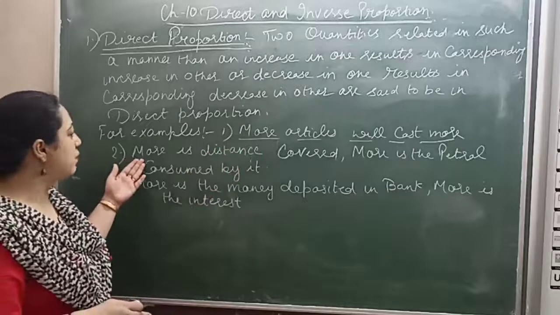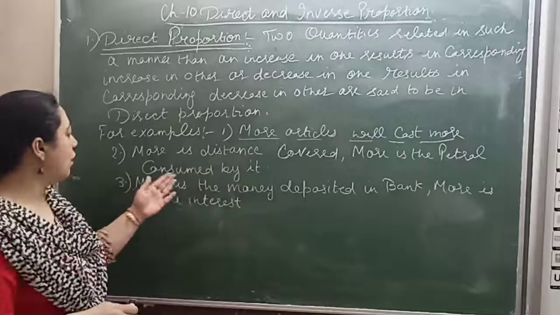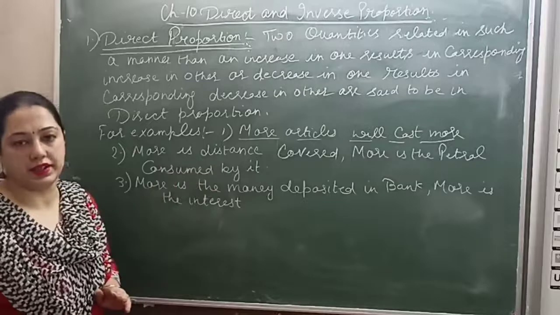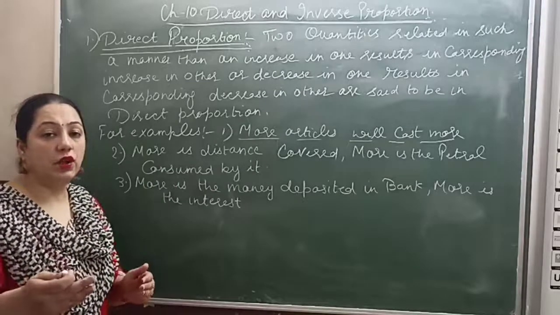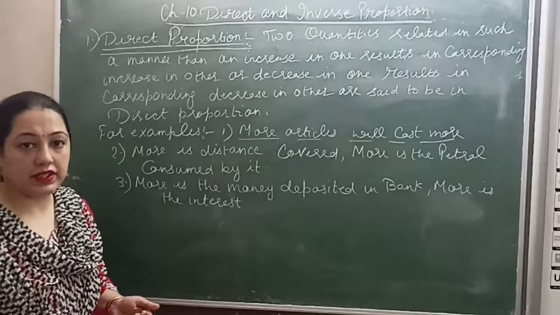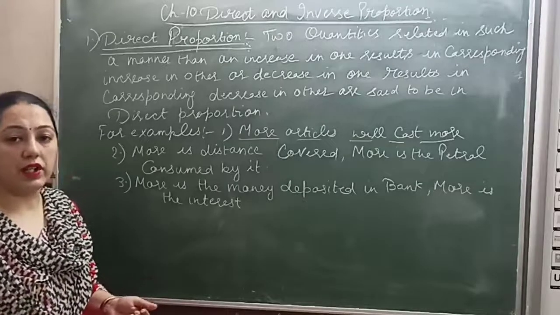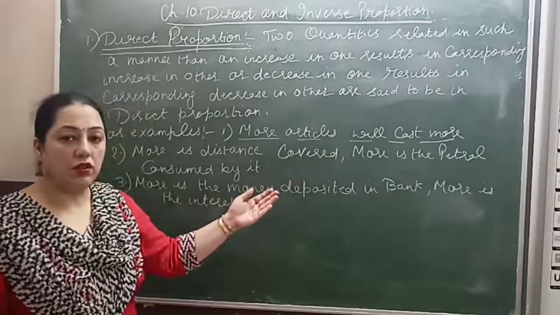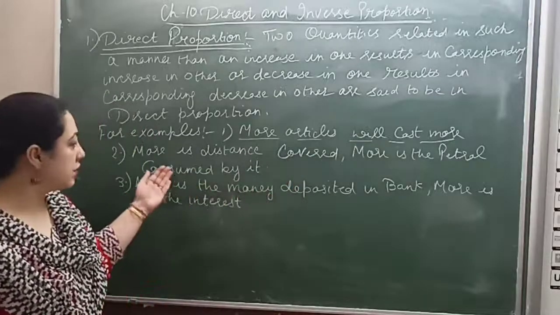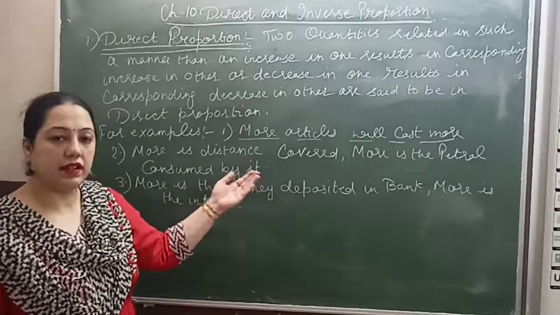The second example is: the more the distance covered, the more the petrol consumed. Whenever you go from one place to another, you need petrol in order to drive a vehicle, and if you have to cover more distance, then more petrol is required. So this type of variation is a direct variation.